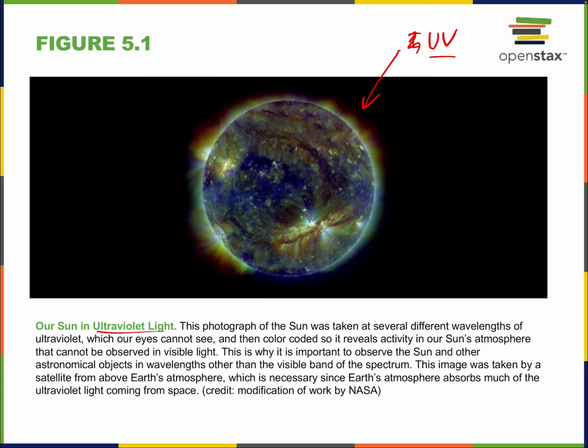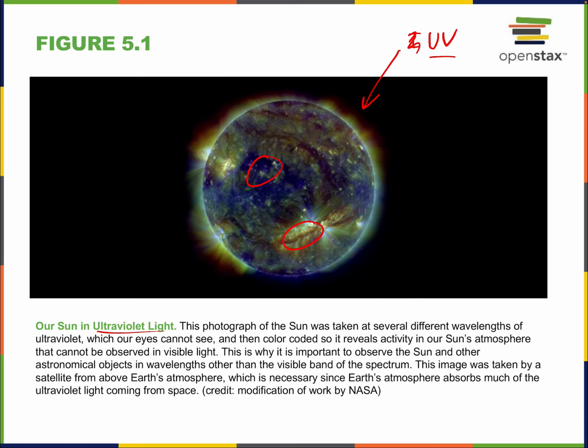We cannot see this light with our eyes. Our eyes did not evolve to see this type of light, but we can use certain types of digital sensors to see this type of light. And then we can code this light to colors that the human eye can see, like reds and oranges and blues, to represent different types of UV light, because there's more than one type of UV light.